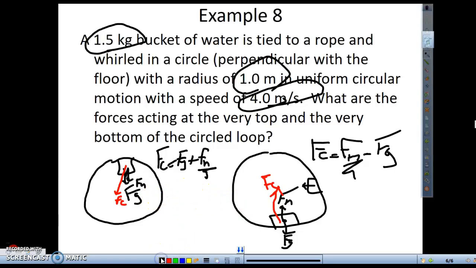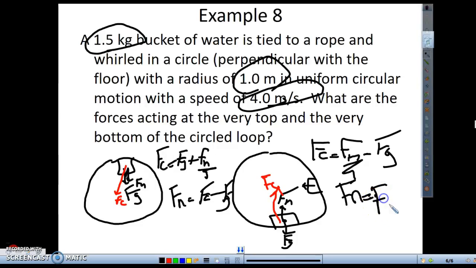Okay, so why am I telling you that? Because often what we want to do is isolate what we're feeling to calculate the g's. So here what we'd have is F sub n is F sub c minus F sub g. So you can see why you get the smaller number. And over here, this is what you want to focus in on. And over here, F sub n is going to equal F sub c plus F sub g.